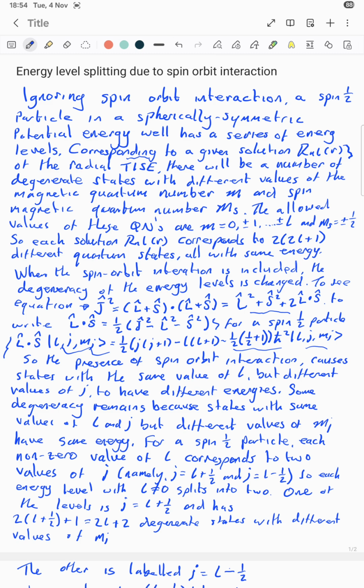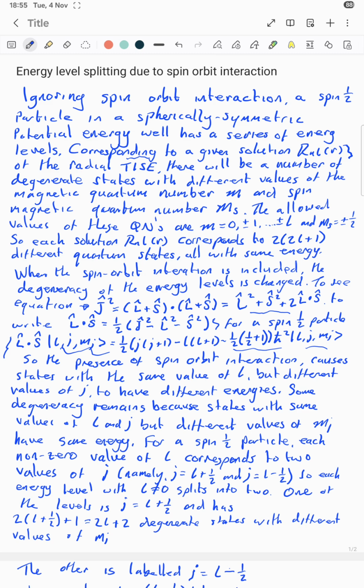Some degeneracy remains because states with the same value of L and J but different values of MJ have the same energy. For a spin-1/2 particle, each non-zero value of L corresponds to 2 values of J. Normally J equals L plus 1/2 and J equals L minus 1/2. So each energy level with L not equal to 0 splits into two.